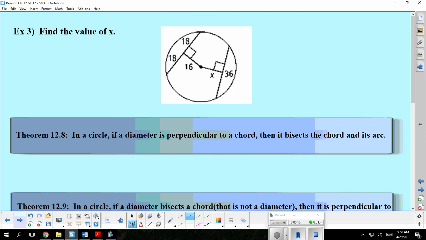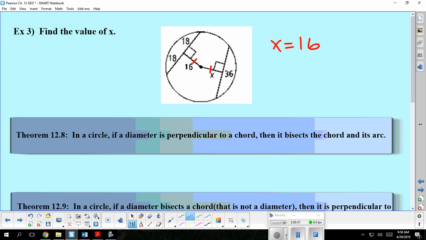Next, it turns out that the perpendicular bisectors of two chords, the segments going to the center, are equal. So x is going to equal 16 here.